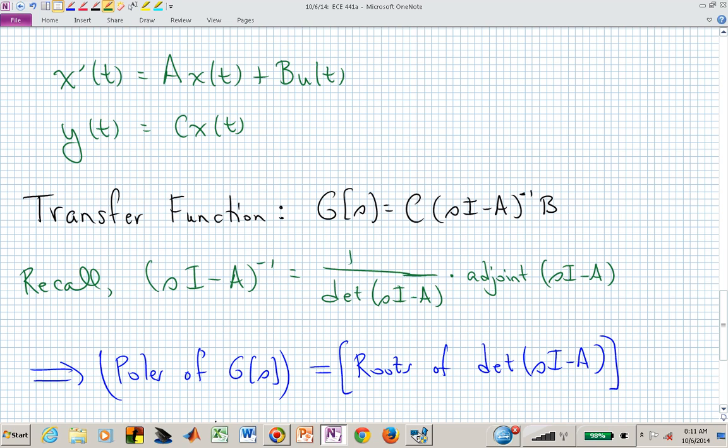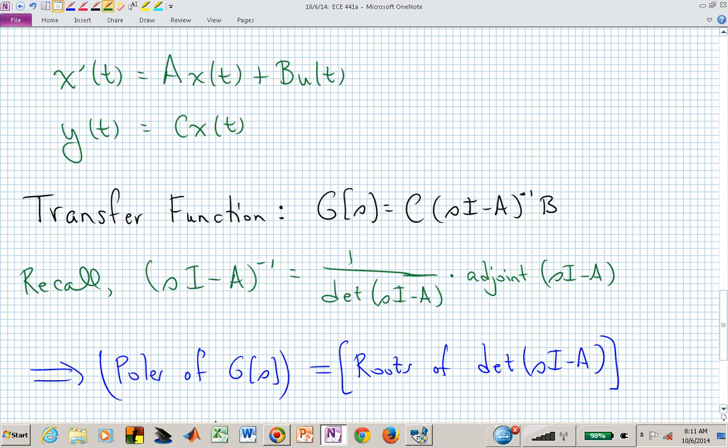If we compare this determinant of sI minus A with what you've maybe seen in a math class, there might be a connection. There is a connection. In a linear algebra type class, you might be learning about eigenvalues and eigenvectors.